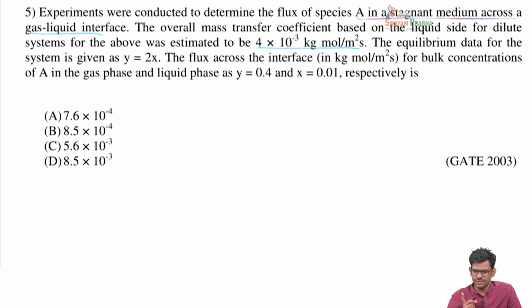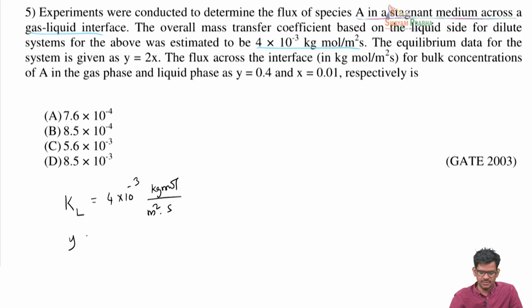The overall mass transfer coefficient based on the liquid side for dilute system. So what symbol should I use here? K? KL, right? Capital KL, and that is 4 into 10 power minus 3 kg mole. Remember, it's a kilogram mole. Kg mole means kilogram mole over meter square second.